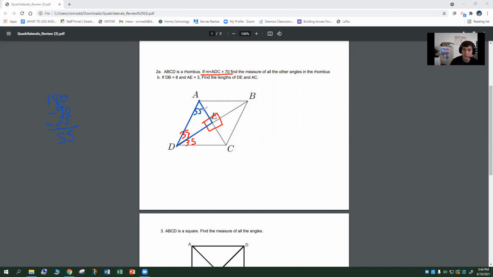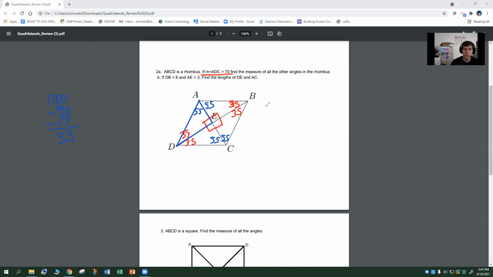Again, diagonals bisect opposite angles, so if that one's 55, right next to it also has to be 55. Okay, and then because of the triangles, we could also say that this one's 55 and this one's 55, which means we're going to end up with 35 and 35 over here as well. Okay, and those are the angles of the rhombus.